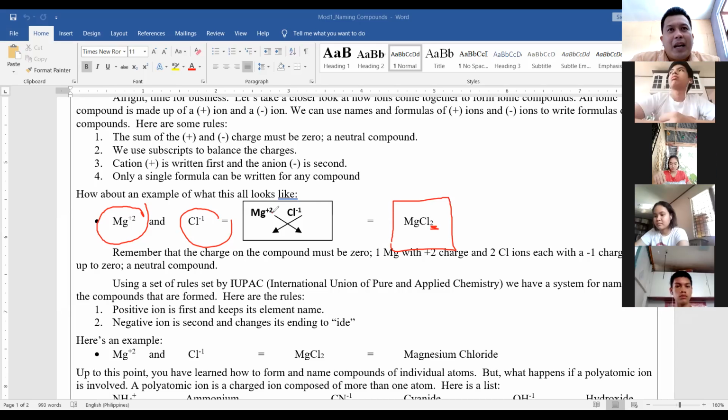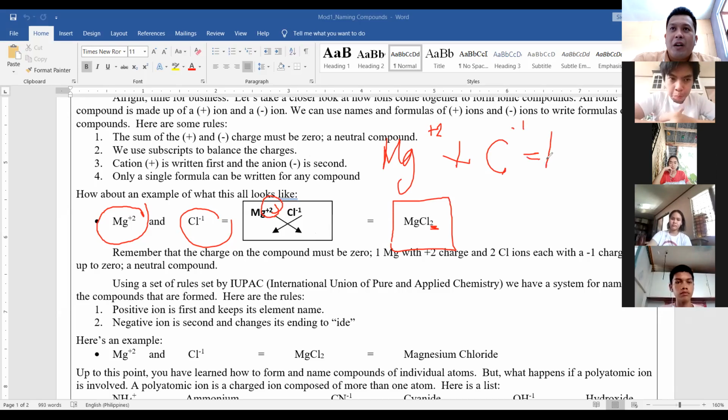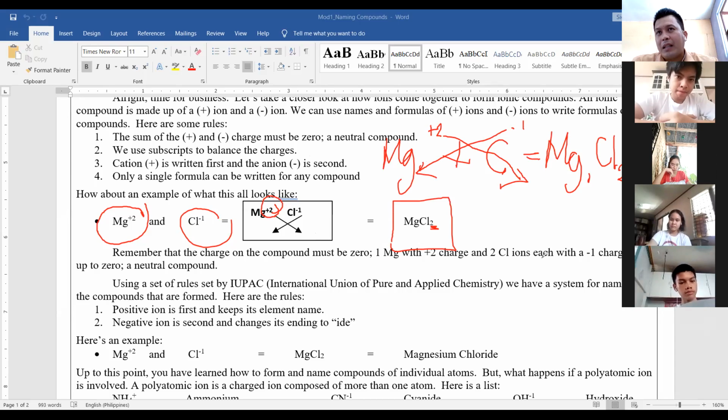It is taken from the ionization of that said element from the chemical reaction. Say, magnesium with an ionization of +2 reacts with chlorine with an ionization of -1, gives you magnesium 1, chlorine 2. So this is what we call the crisscross method in a chemical reaction.